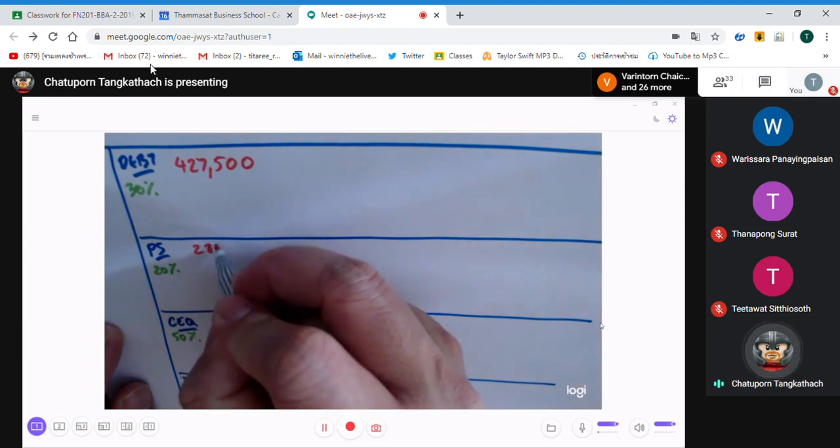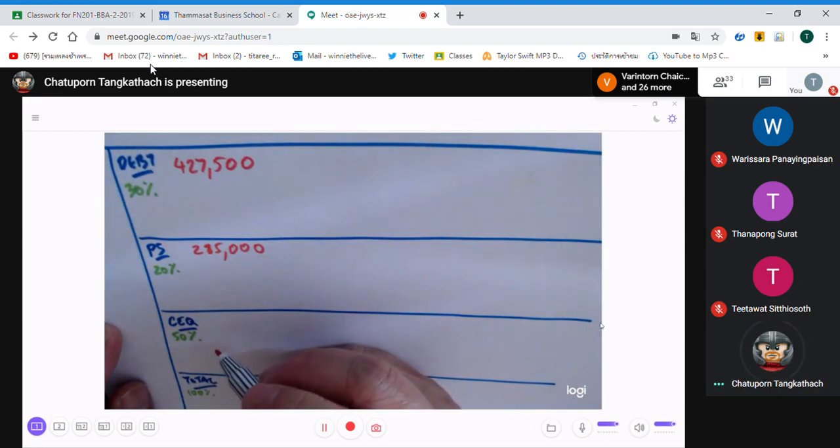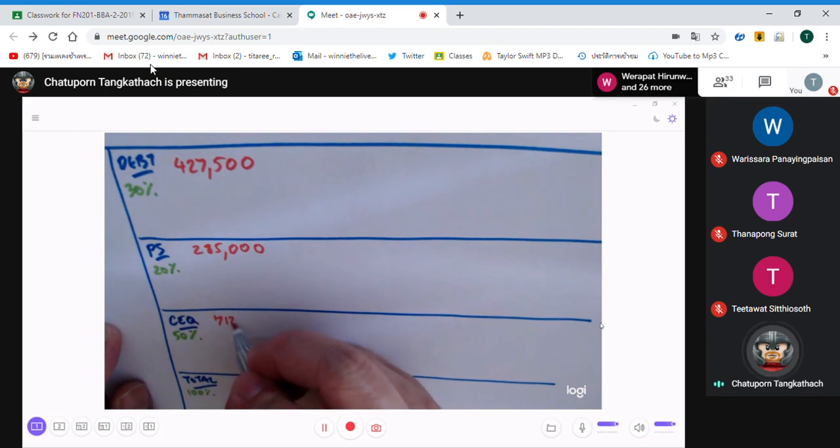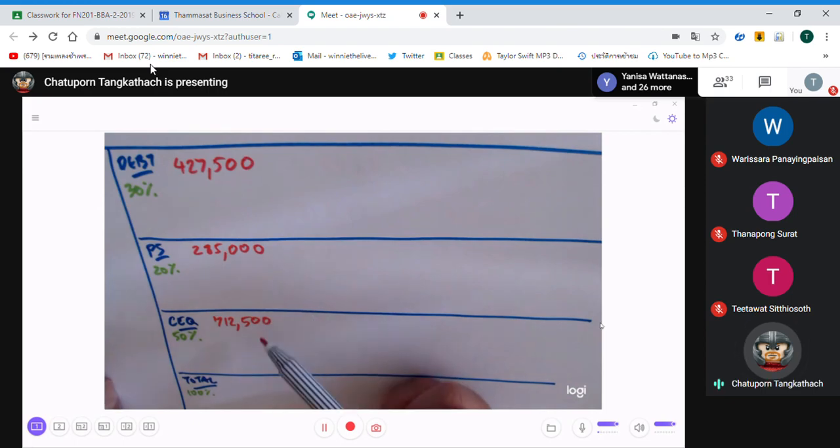Can you get 285,000 and 712,500? And after that, you can total them up, add them up.